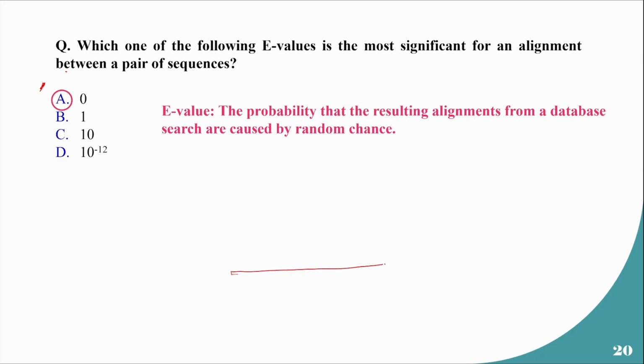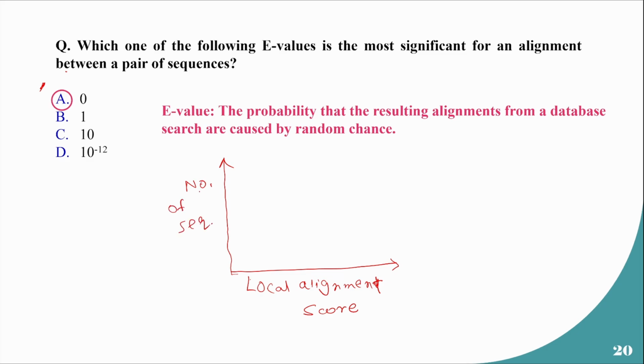Let's say on the x-axis we have the local alignment score, and let's say on the y-axis we have the number of sequences, right?